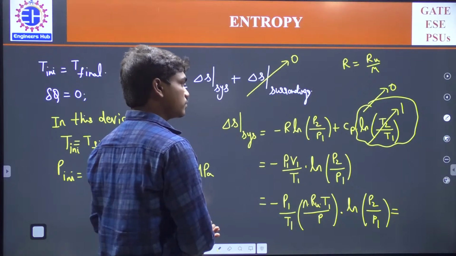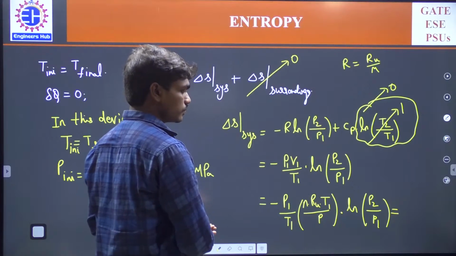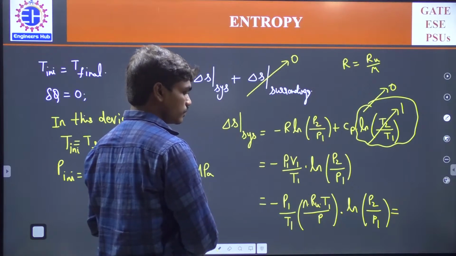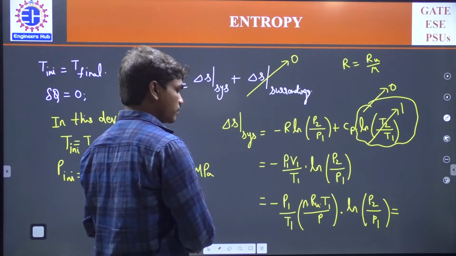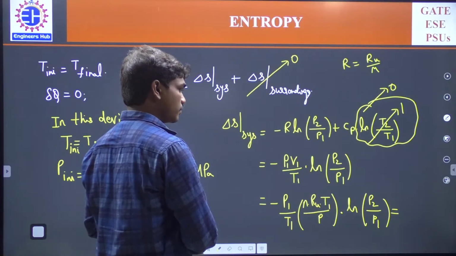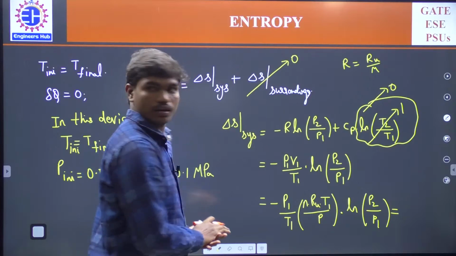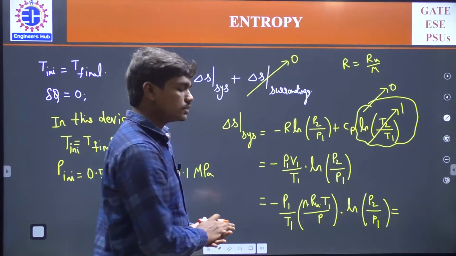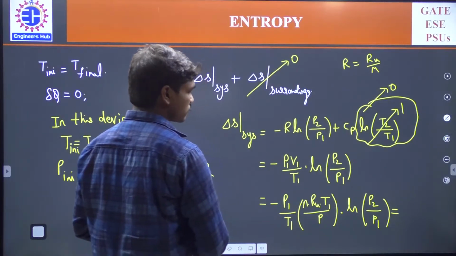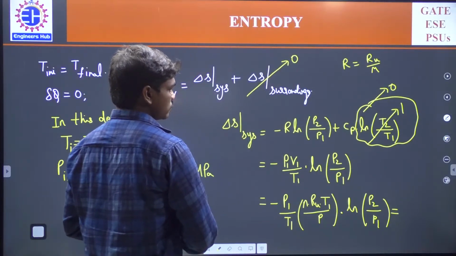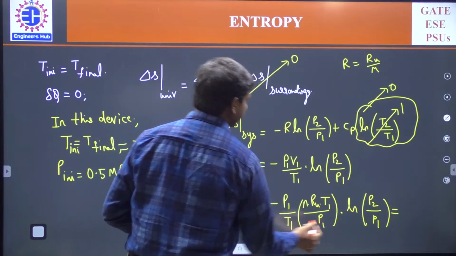Use a calculator and tell me the values. Of course, this is 1. We are writing at state 1.